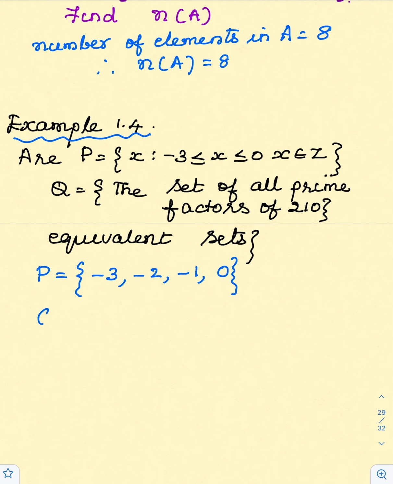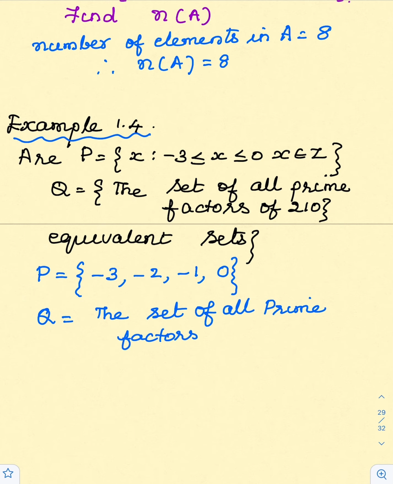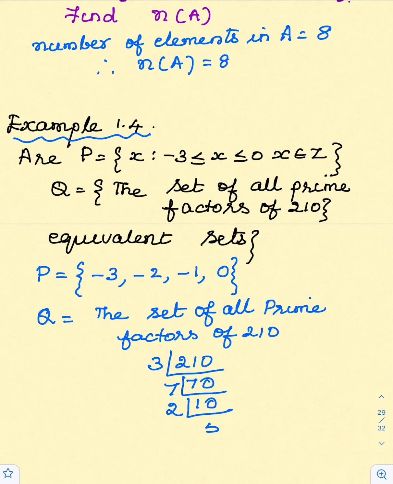Next let us tabulate the set Q. So Q is the set of all prime factors of 210. So let us find out the prime factors. 3 goes 7 times, 7 goes 10 times, 2 goes 5 times.